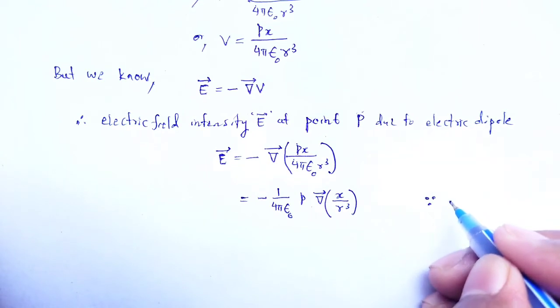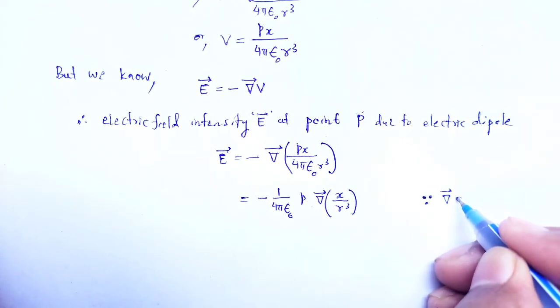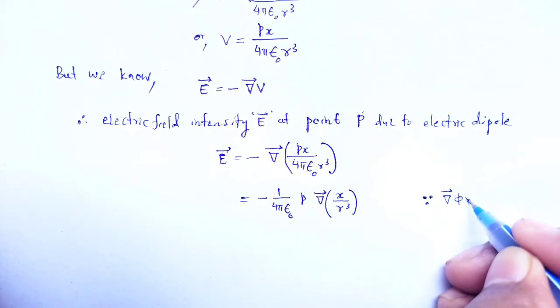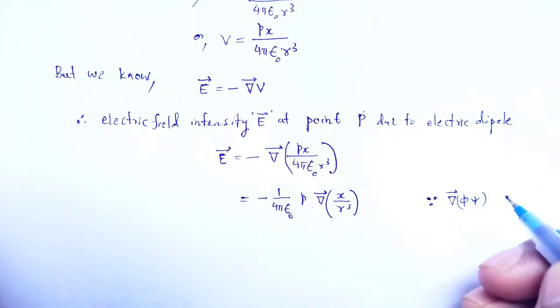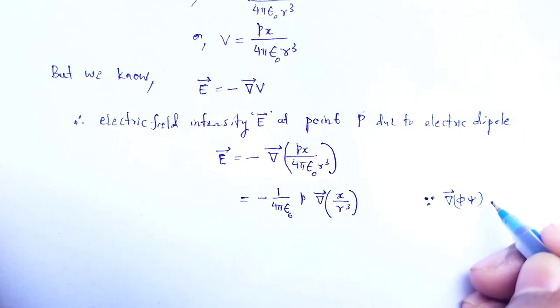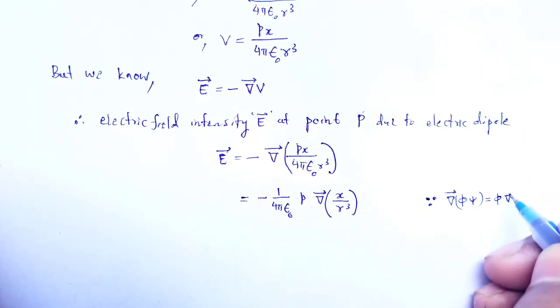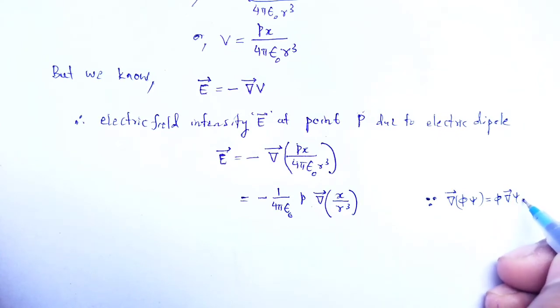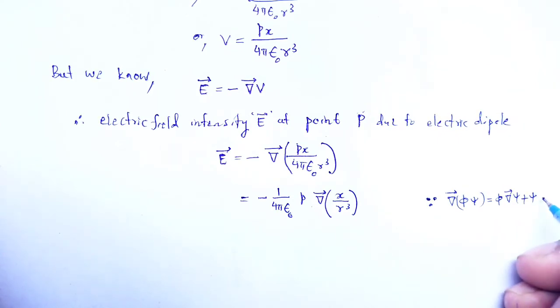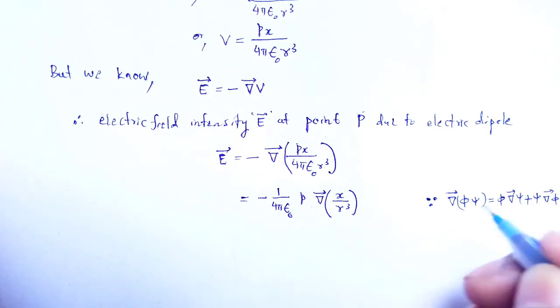From the identity of gradient, if phi and psi are two scalar functions, then grad of phi psi will be phi grad psi plus psi grad phi.